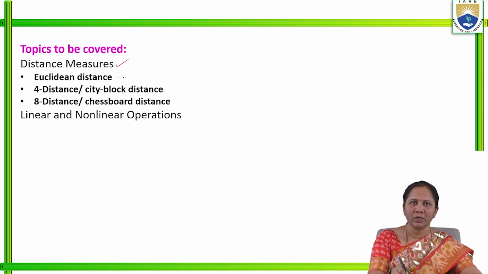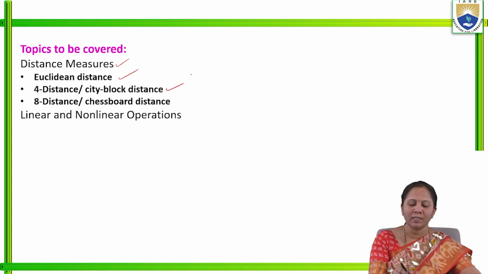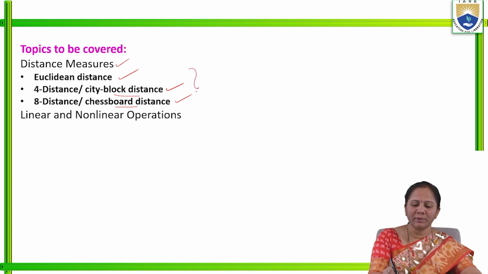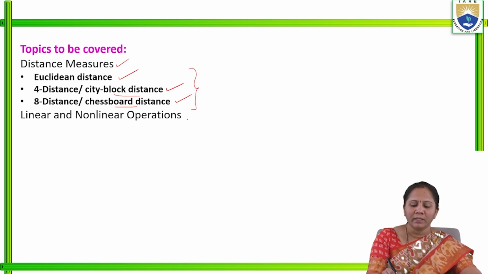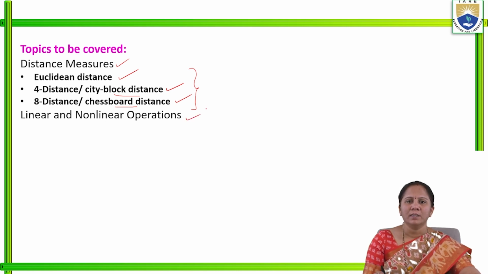One is Euclidean distance, another is the 4 distance, which is also called city block distance, and another method is the 8 distance, also called chessboard distance. All these 3 methods are used to measure the distance between pixels. The next important topic is linear and nonlinear operations.